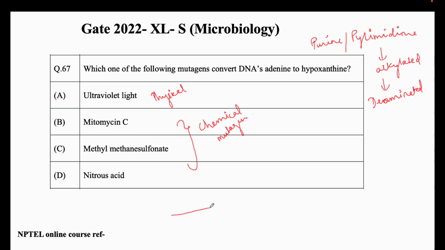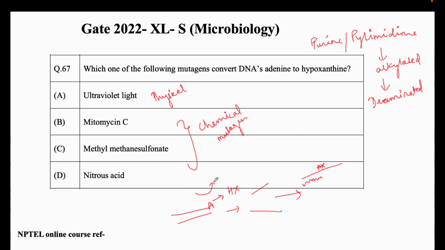So what will happen if they are alkylated or deaminated? During replication, suppose adenine is deaminated and converted into hypoxanthine. Adenine will no longer be read during the replication process when the two strands are separated. Then these two strands are replicated again, a new replication. In place of adenine, now we have a hypoxanthine because of deamination.